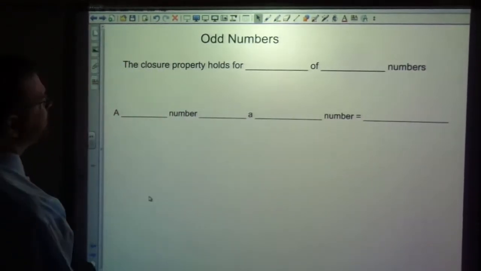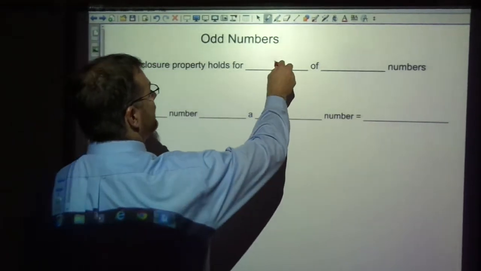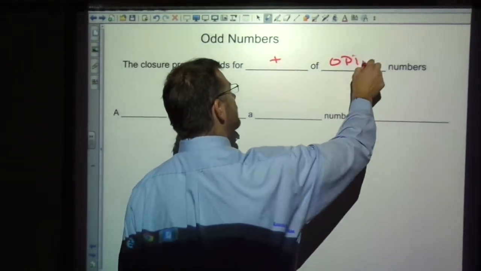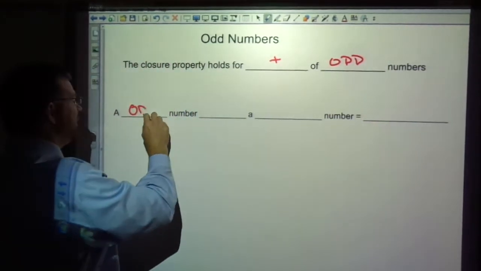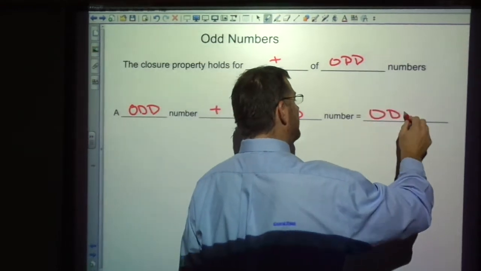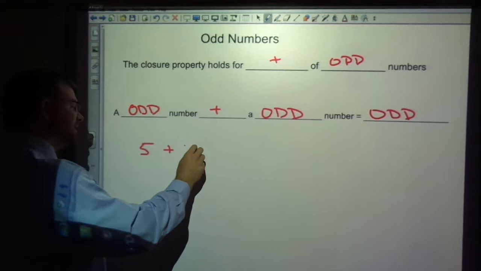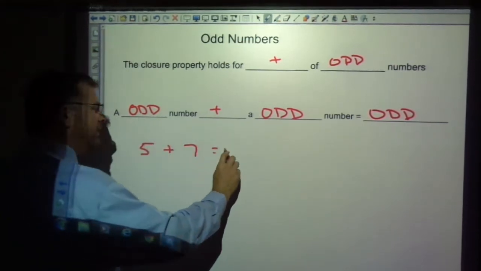How about odd numbers? We're saying the closure property holds for, let's say, addition of odd numbers. What we really mean is that an odd number plus an odd number equals an odd number. So let's try 5 plus 7. That's odd plus odd, and it equals odd.